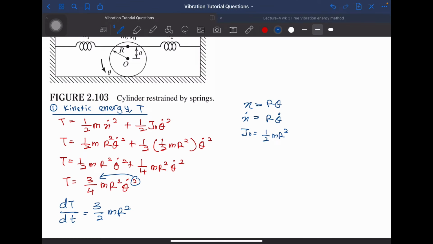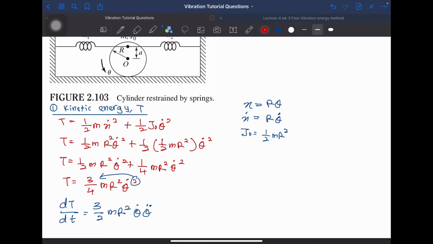And then theta dot, the squared minus 1 becomes theta dot to the power of 1. Then chain rule: you have to differentiate the theta dot itself, so you get theta double dot. That's the differentiated formula for T.